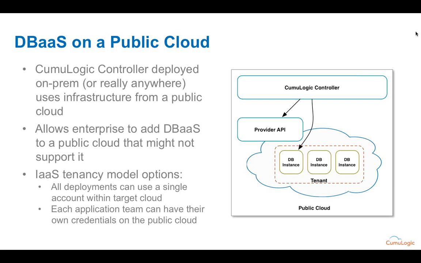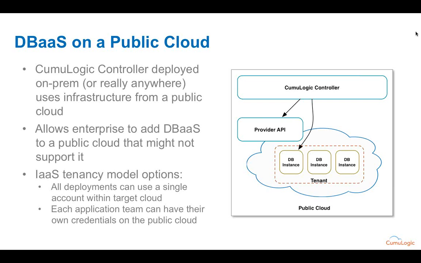The way that we think about tenancy in this case, there are really two different approaches that you could take. So first, one option, it's the simplest. You as an enterprise would have a single set of credentials into that target public cloud, and then every database that's being deployed by our controller can live within that same tenant. That's the simple model. It's especially useful if, for example, you want everything to be provisioned within the same virtual data center or VPC.